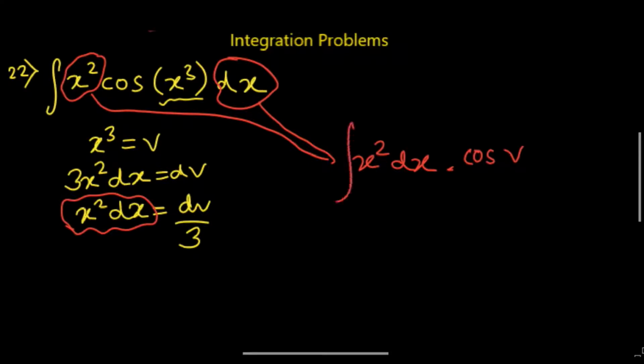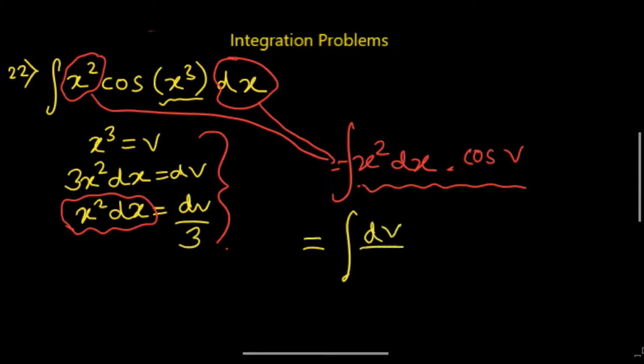So this is what it results to after substituting. The final question gets converted to this term. So now we can easily integrate it. So x square dx we can write as dv by 3, so dv by 3 cos v.